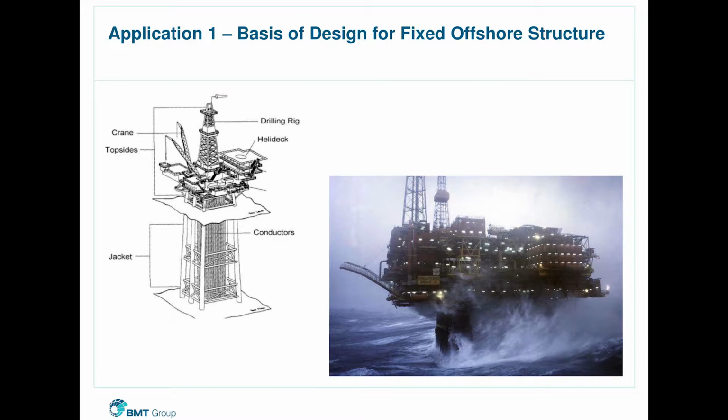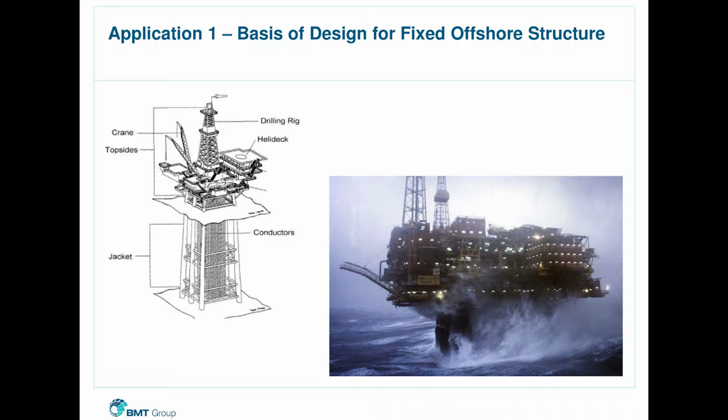Now, there are many design requirements here. One of the interesting ones is setting the deck elevation of the lowest deck on the structure. You can see in this photograph we've got a large breaking wave where we've got water starting to impact on the cellar deck of the structure.